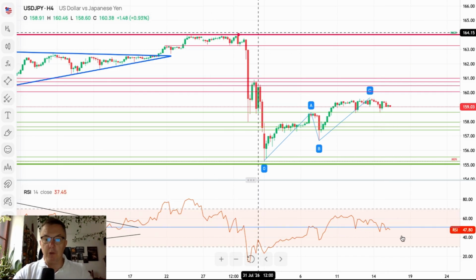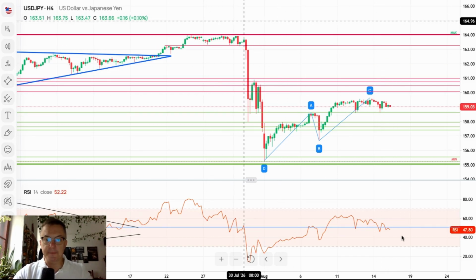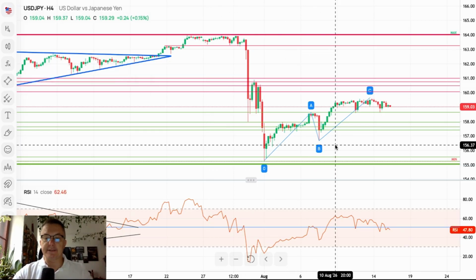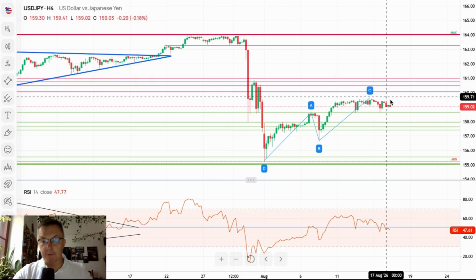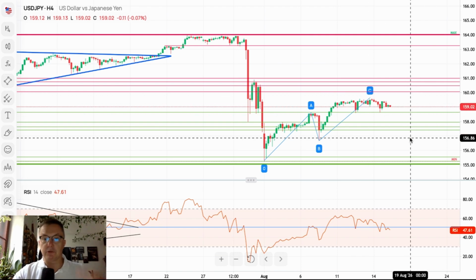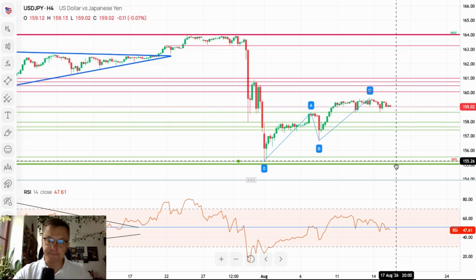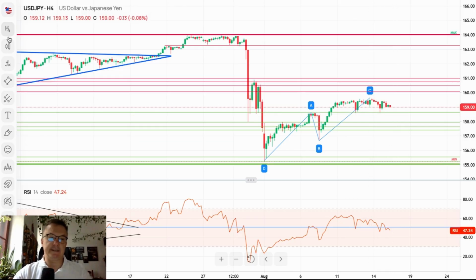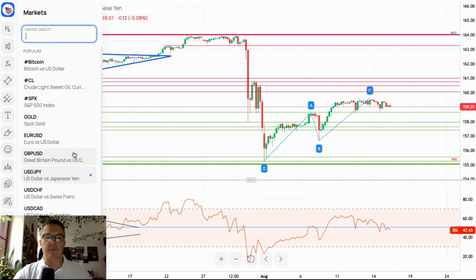If there is no intervention like it was here from the central bank or whatsoever, the situation might be a little bit more, let's say, sideways to bearish. However, any kind of intervention might smash the US dollar versus the Japanese yen market way lower. But first, 158.60 needs to be violated.